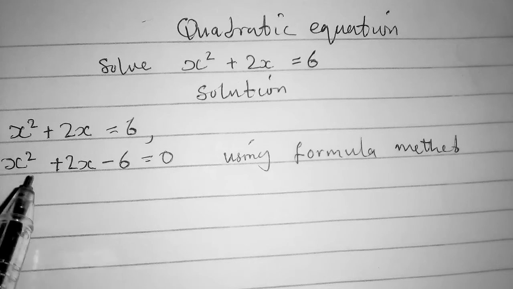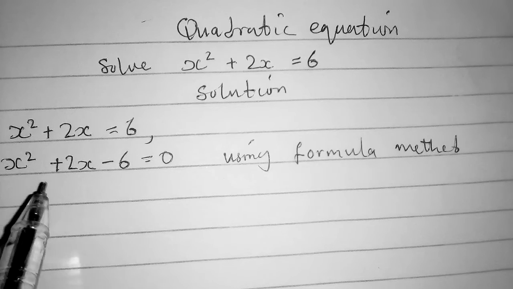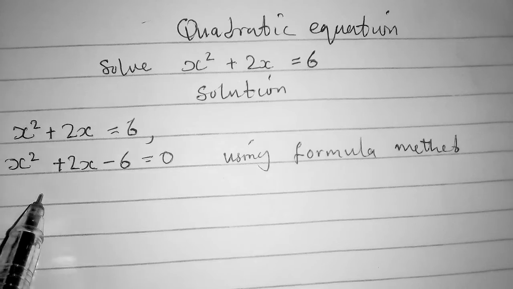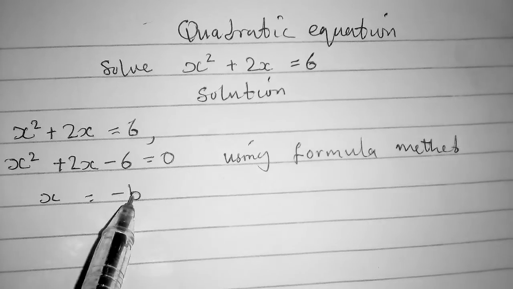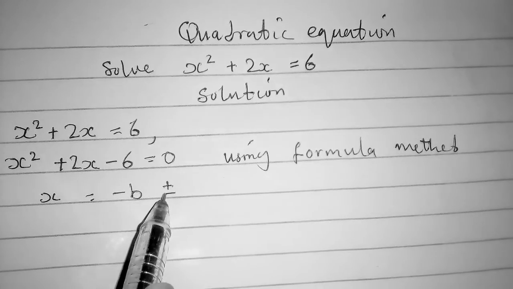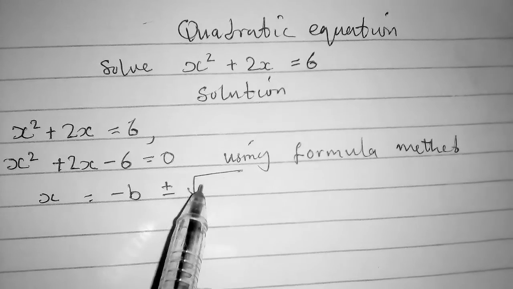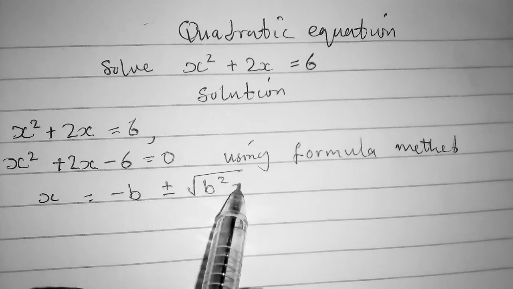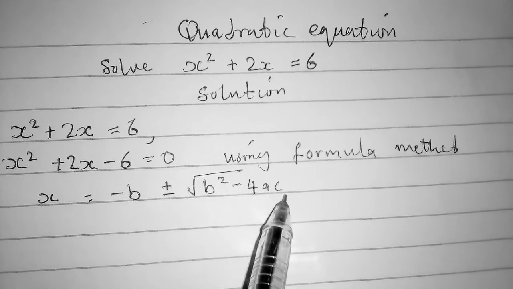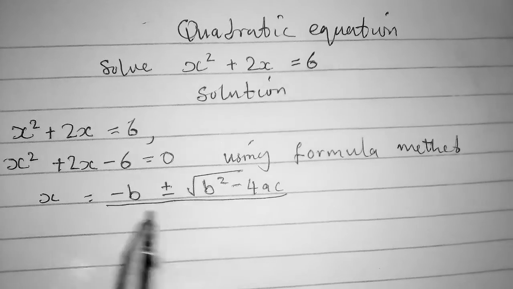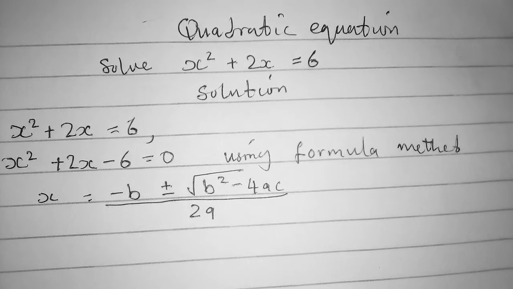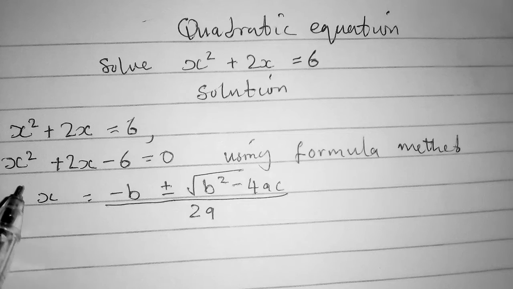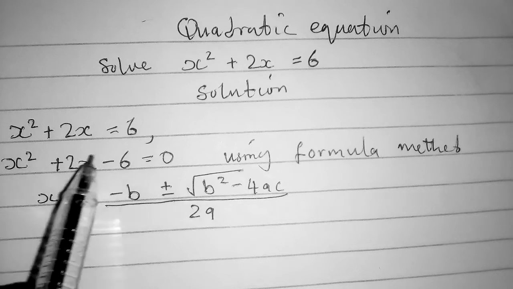Now, the formula is x equals to minus b plus or minus square root of b squared minus 4ac, over 2a. Now, this is the equation now.